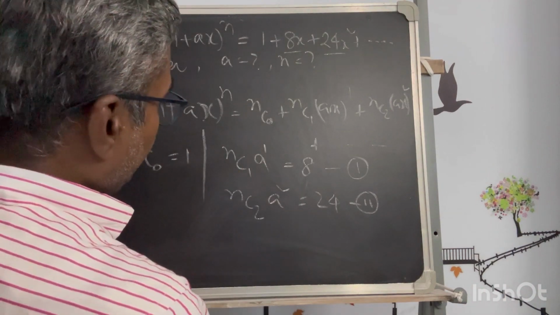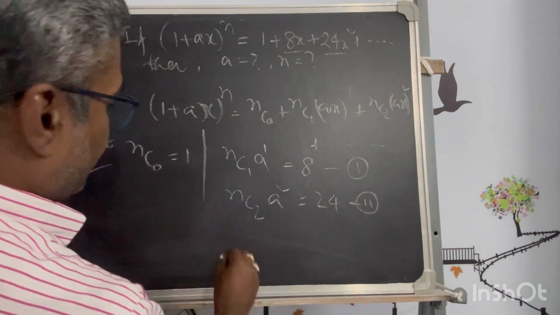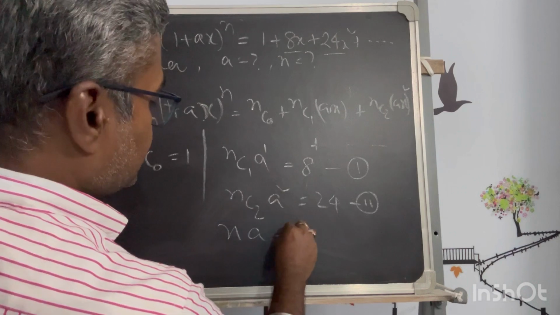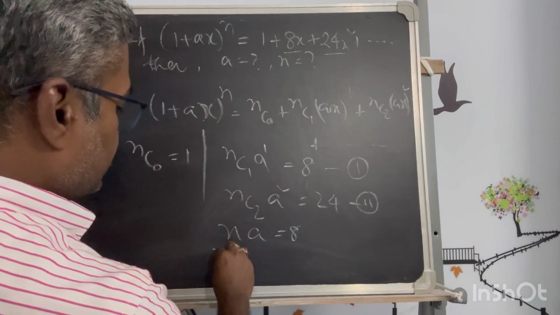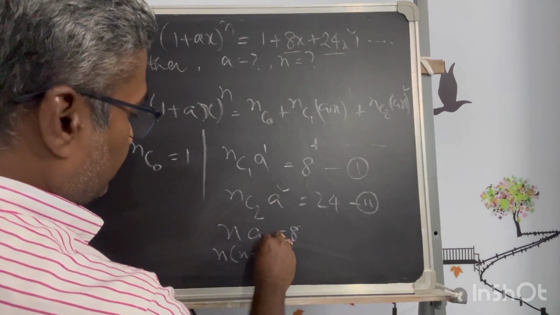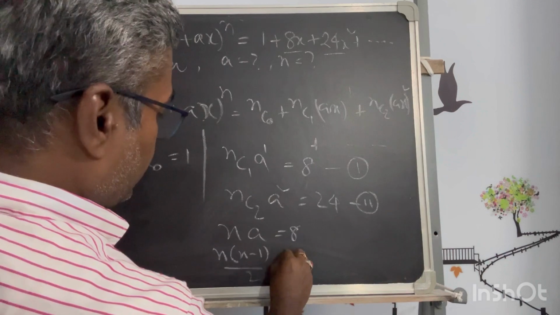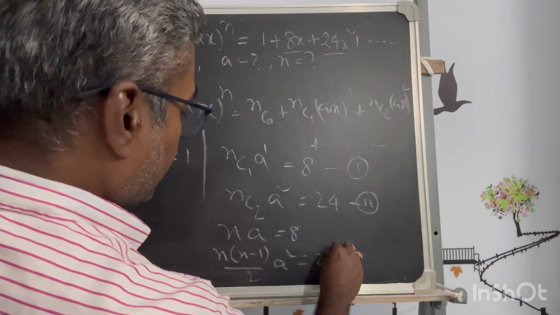So nC1 is nothing but n·a = 8. nC2 means n(n−1)/2 · a² = 24.